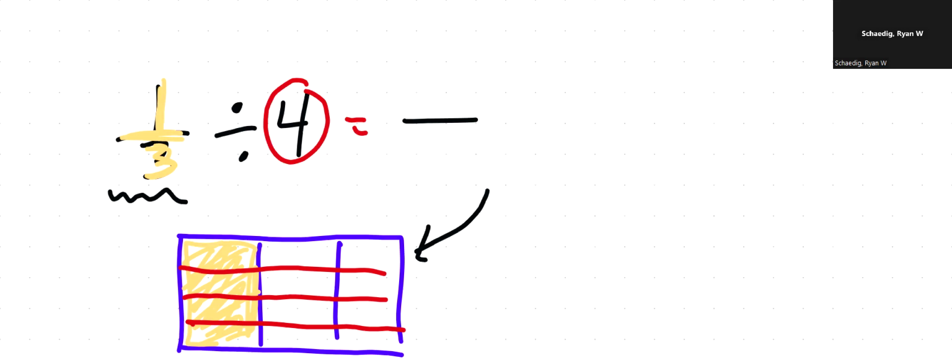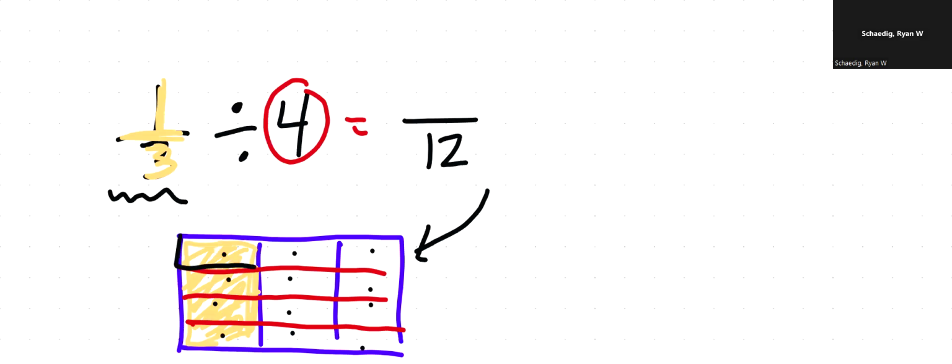If I look at it, I have 1, 2, 3, 4, 5, 6, 7, 8, 9, 10, 11, 12 pieces. But then again, we are thinking about what is one of these pieces. That's the work that we're doing here. What is one of these 4 pieces? And I mean 4 by the shaded ones, by the way.